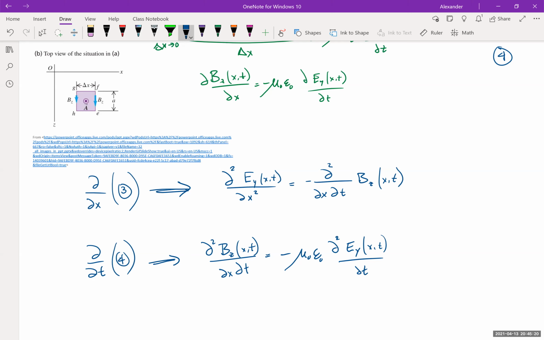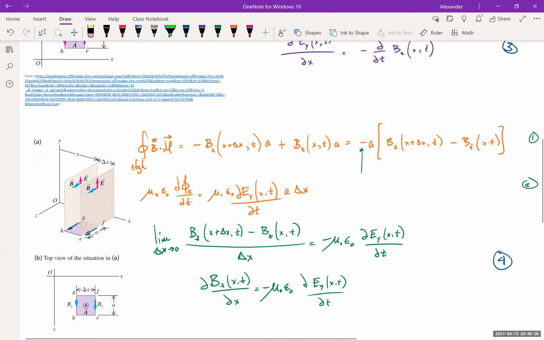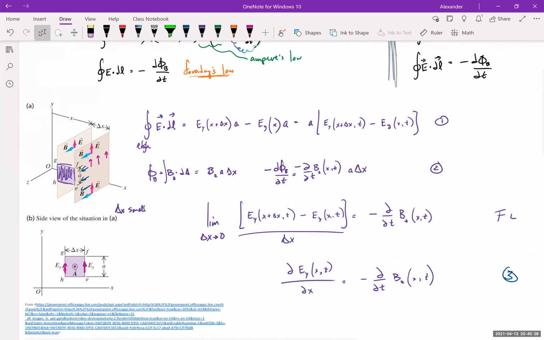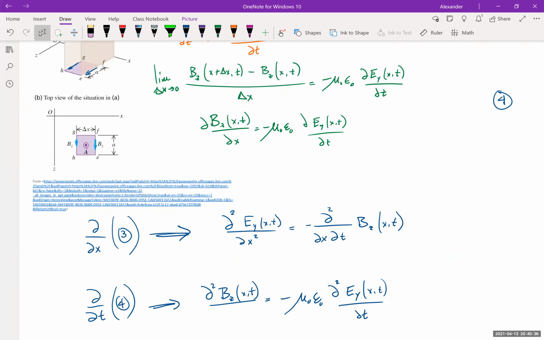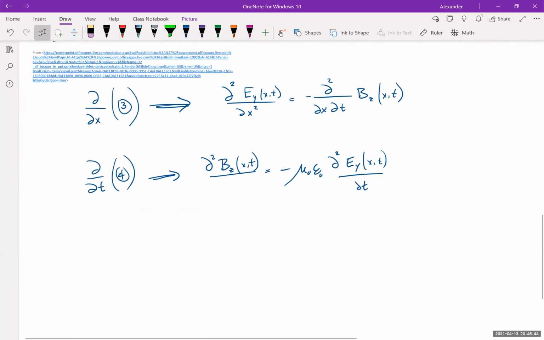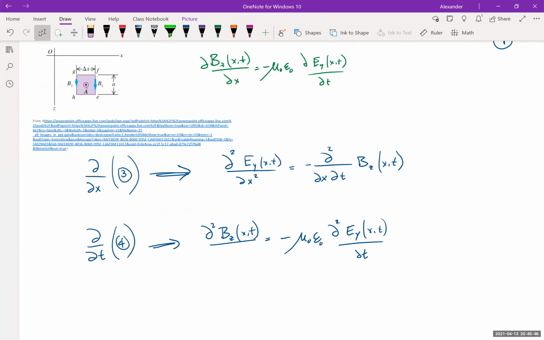Now, technically, from equation 3, we had d by dt, and we took the x. So that's correct as far as operator order. We had d by dt, and then from the left comes d by dx. From equation 4, we had it the other way around.